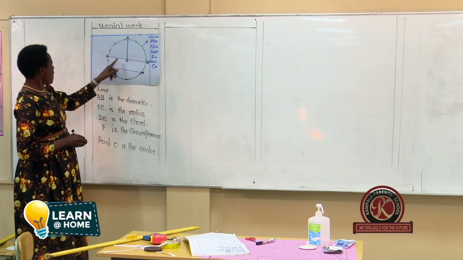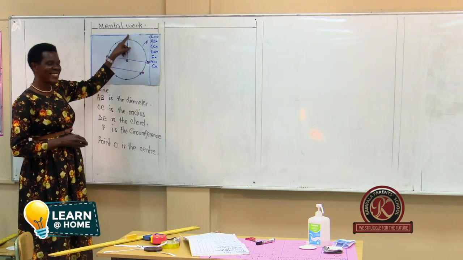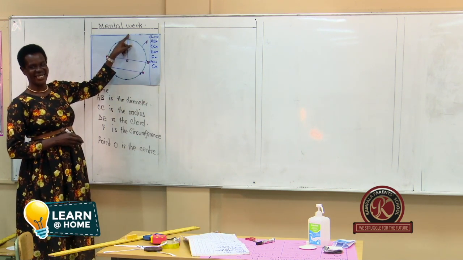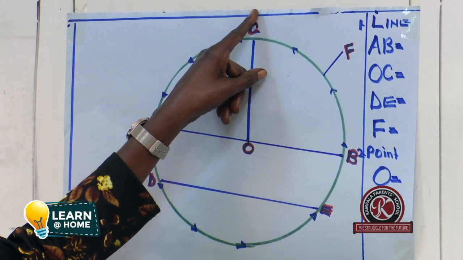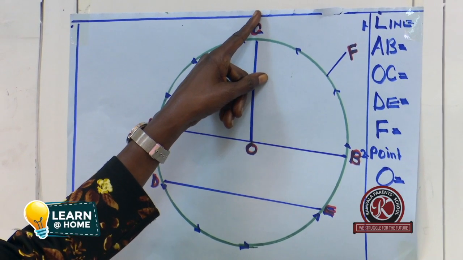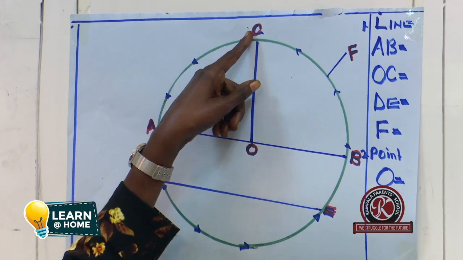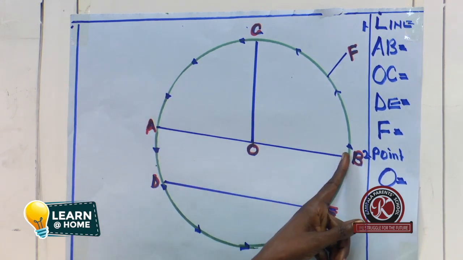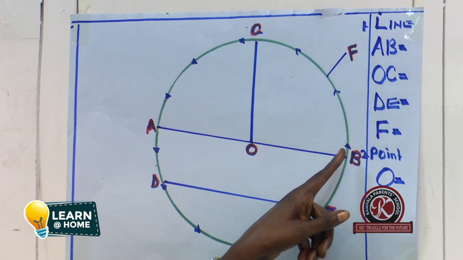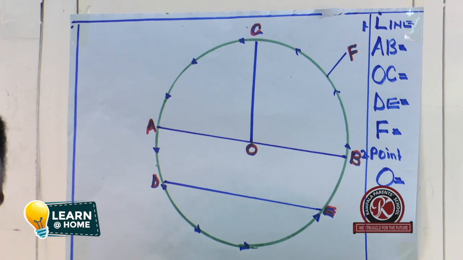Line AB is the trace line of OC. Line OC is half of line AB. And the distance round is what we call circumference.